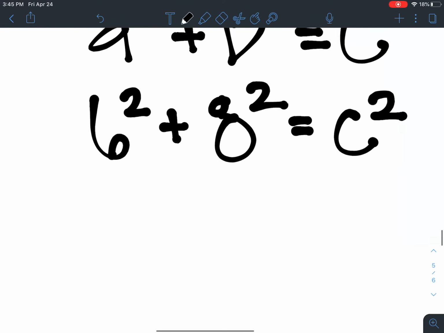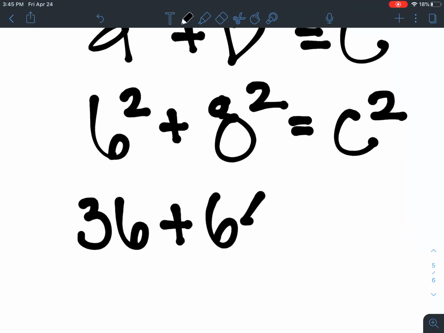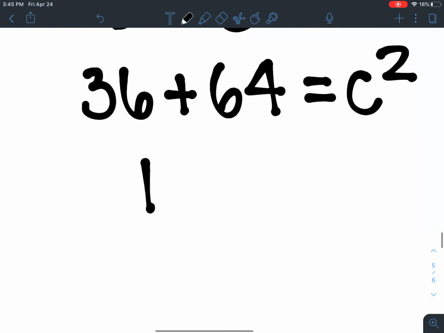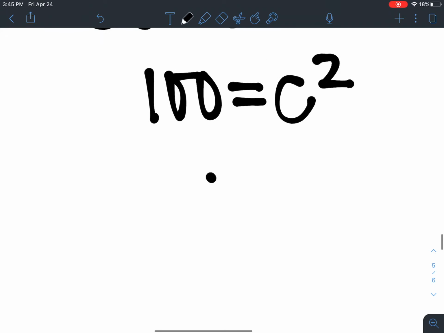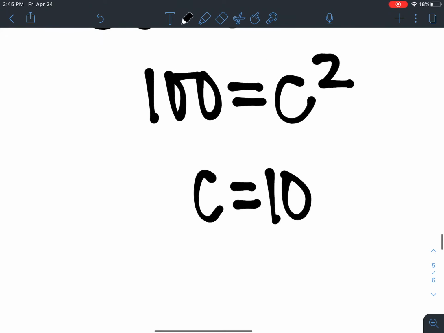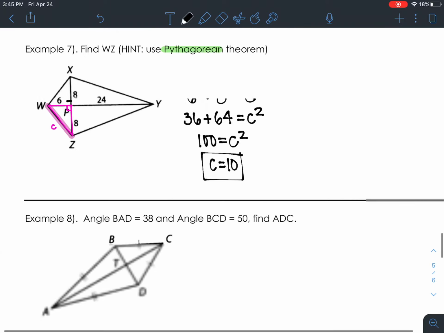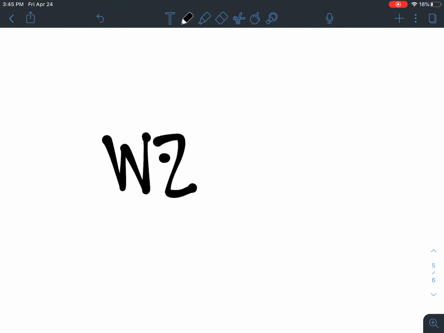Okay. 6 squared is 36, plus 64 is equal to C squared. 100 is equal to C squared, which means that C is equal to 10. All right, so that means that the length of WZ is 10.